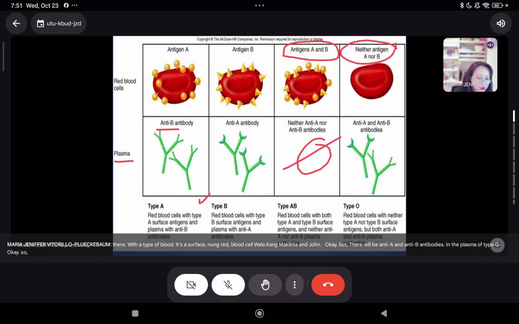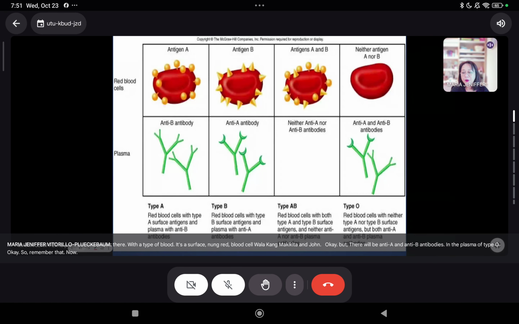Okay? So, remember that. Now, a person needs blood transfusion. So, what is the protocol when we do blood transfusion? First, the patient's blood should be compatible with the blood of the donor.